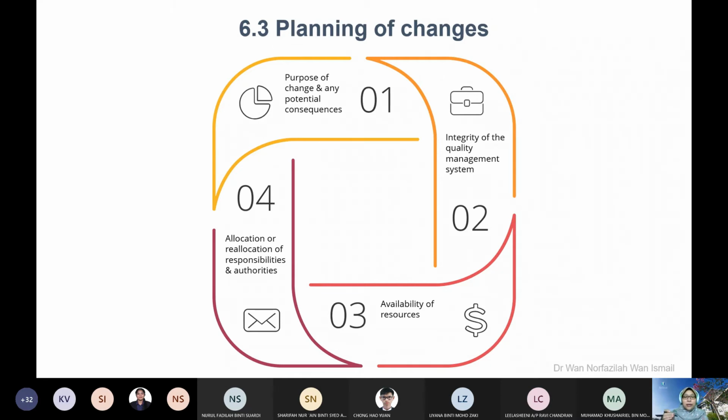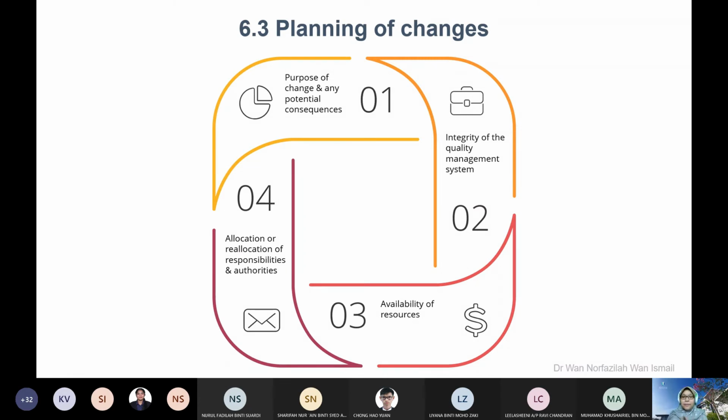You might have other planning, that okay, after 2 or 3 years baru kita reduce. Depends on the customer samples, something like that. Okay, so that is integrity of QMS. If it affect the integrity, then you need to have another plan, or you cannot do the changes yet. Okay, if it doesn't affect the integrity of QMS, you still fulfill all the requirements in ISO 9001, then you can proceed.